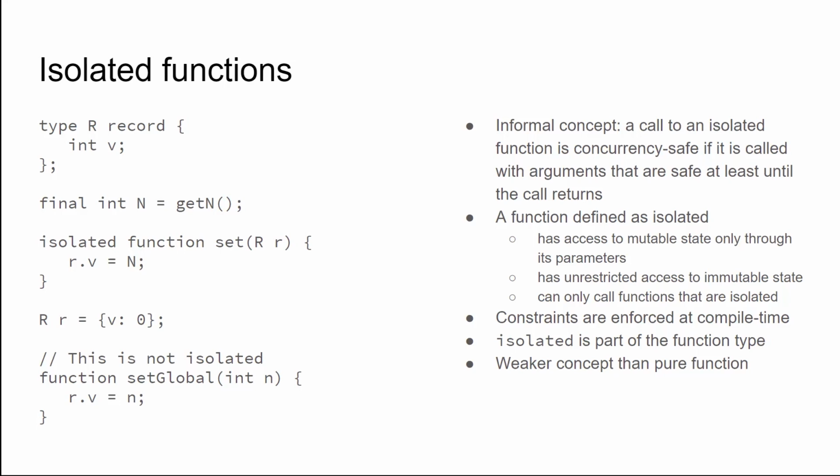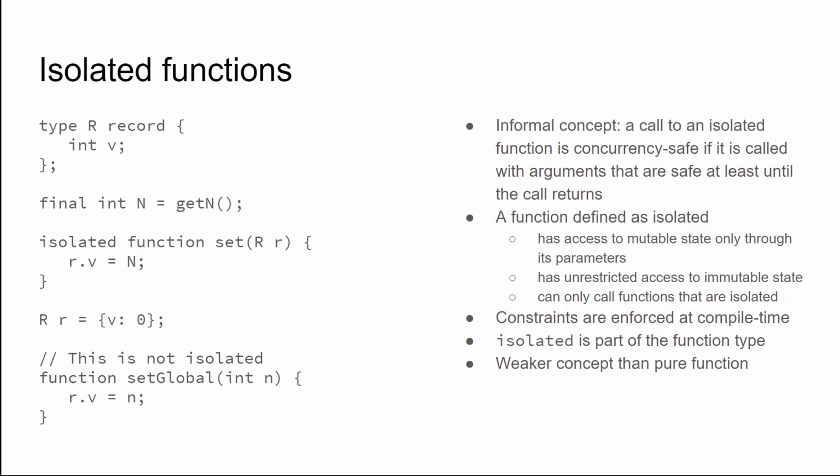If a function is isolated, we allow you to access mutable state through the parameters, and we allow you to call functions that are isolated. You can't have an isolated function calling a non-isolated function, because a non-isolated function is basically a function where all bets are off. If a function is not declared isolated, it can do anything. You have no idea what it's going to do if it's called in multiple threads.